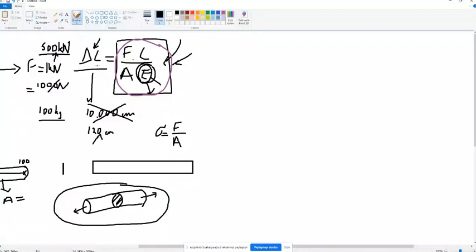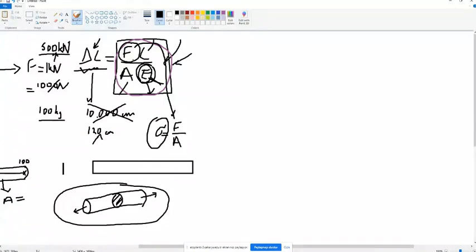Sigma is equal to F over A. For example, you know the deformation size, you know the length, you know the material, you measured the cross-section area, just you don't know the force.